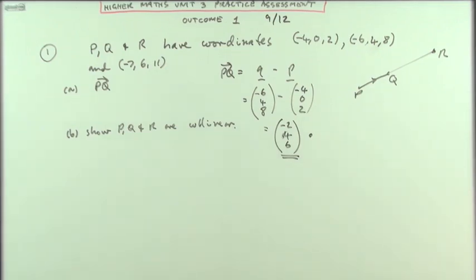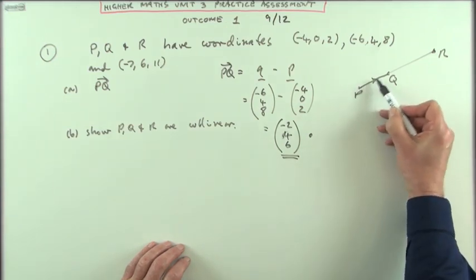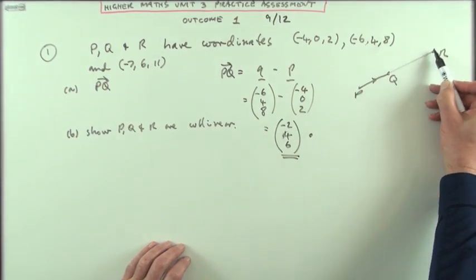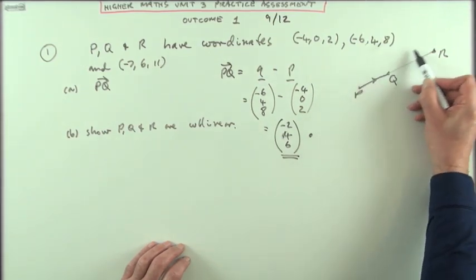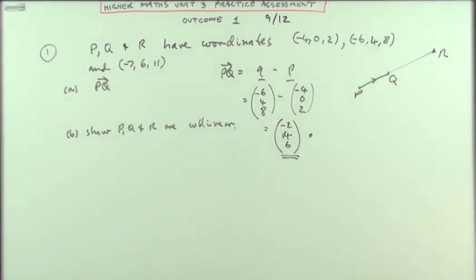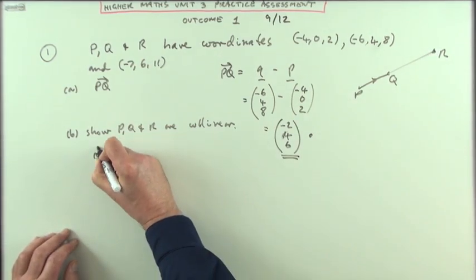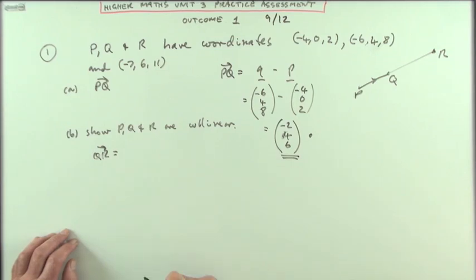Second part, show they're collinear. Well, now it's up to you. Will I compare that line segment with the line segment QR to show that they're multiples? Or will I compare PQ with PR and show that they're multiples? I think I'll just go for the obvious one, which is the QR. So QR, what's the move from Q to R?